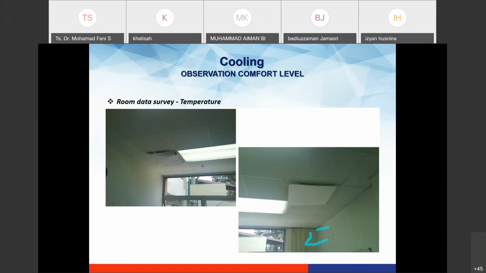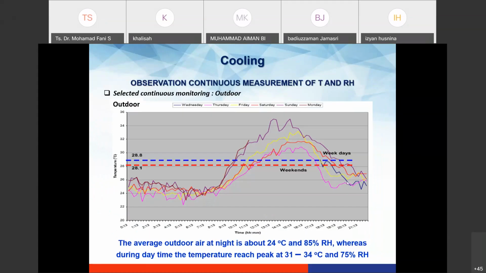For example, 33 degrees. So put in the form the value, write in the form the degree for room number 1, level 1. Humidity, temperature.